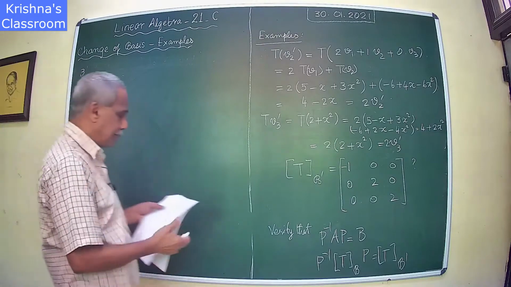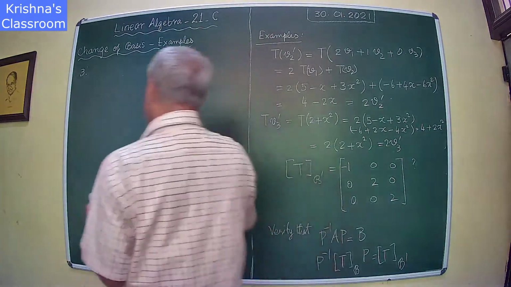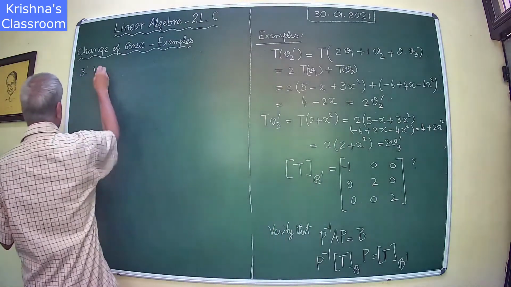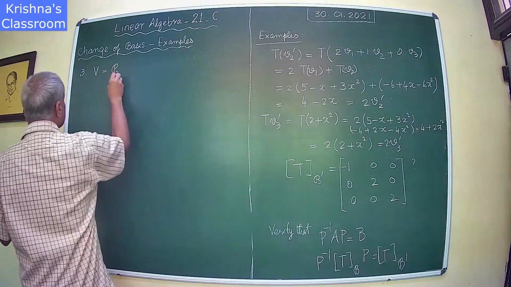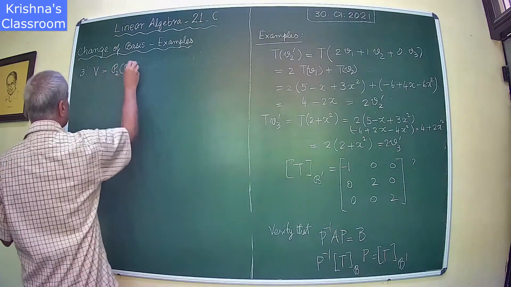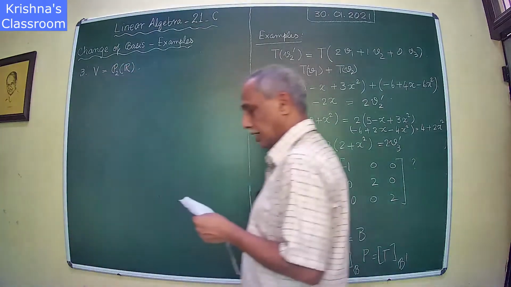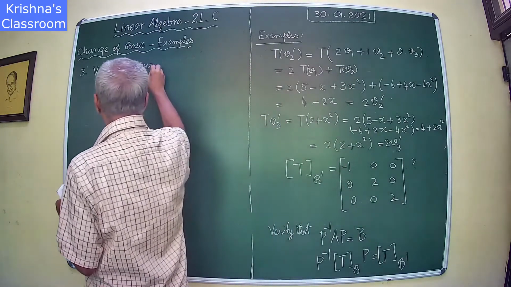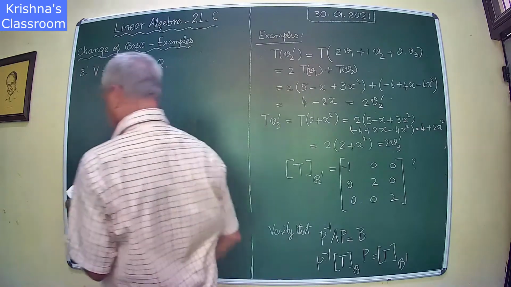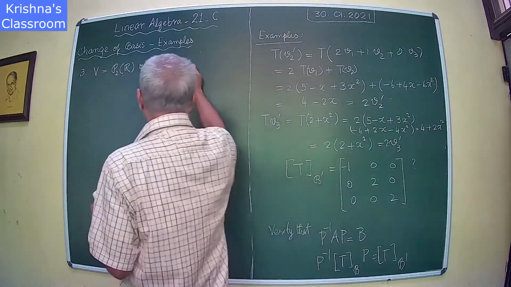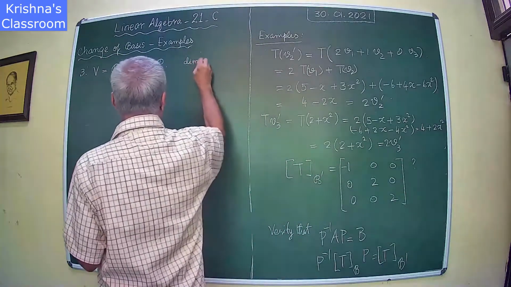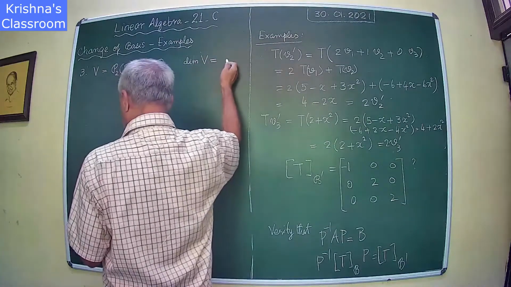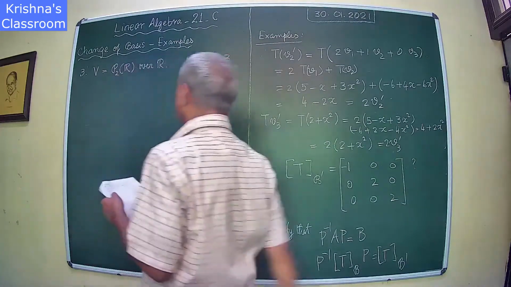The third example is again in the same setting as polynomials. Please watch. We take dimension of the space equal to 3.